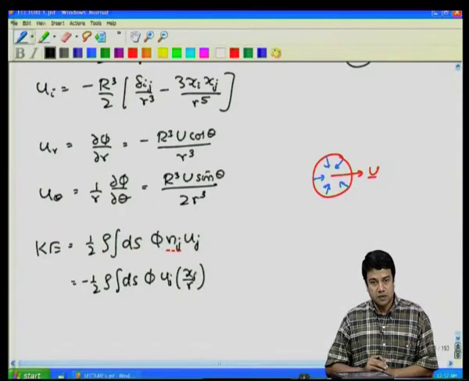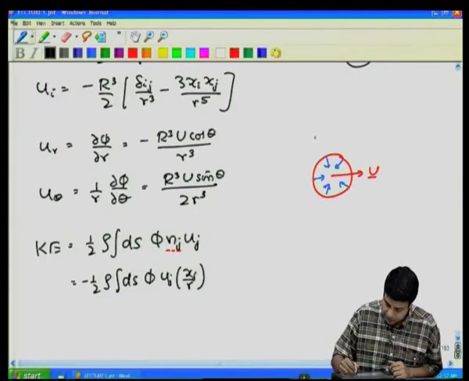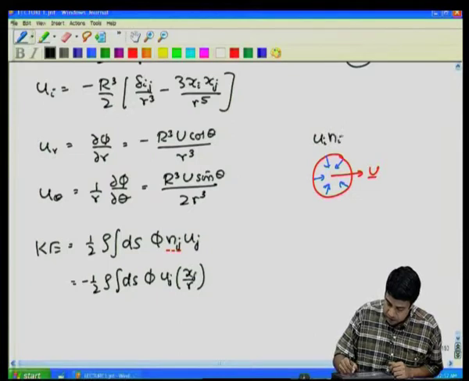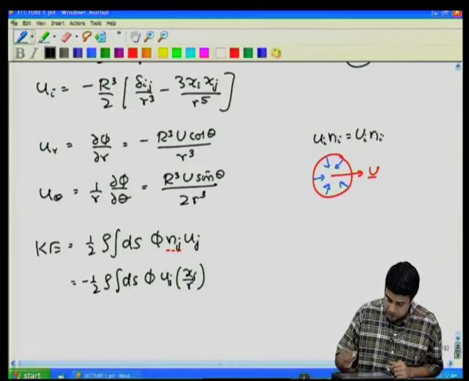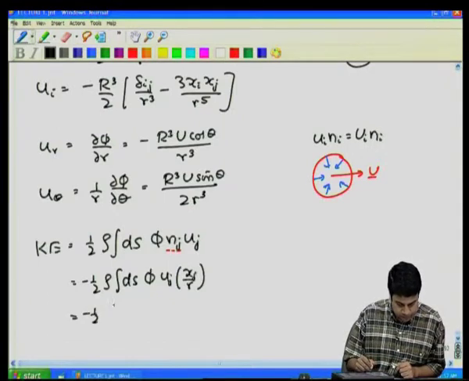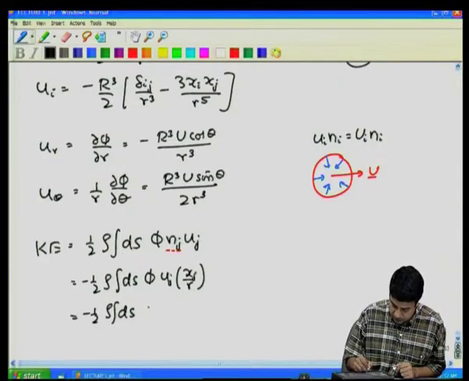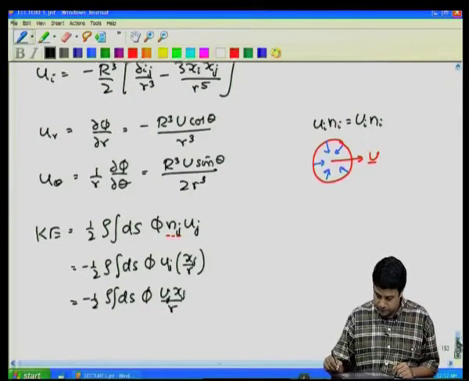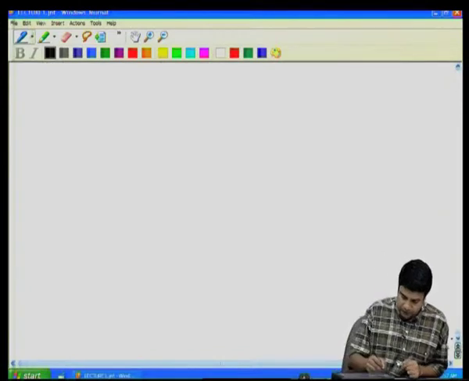However, we know that small u dot n on the surface is equal to capital U dot n on the surface, because I have u_i n_i is equal to U_i n_i on the surface. So I can also write this as minus half rho integral dS phi U_j x_j by r.